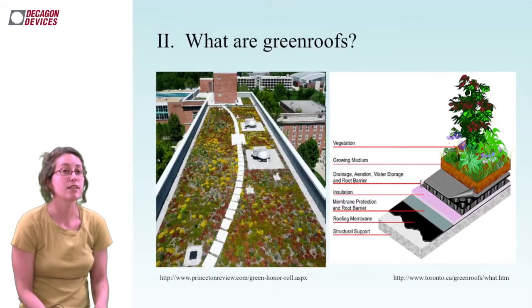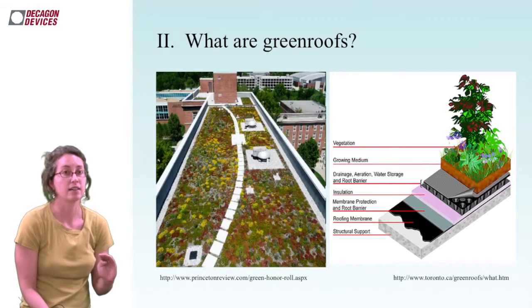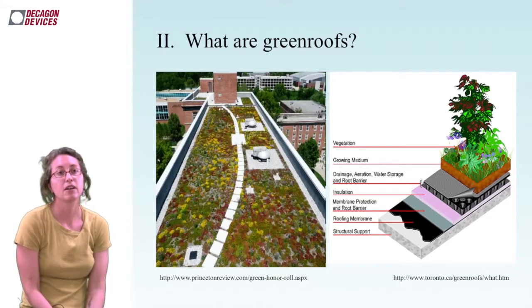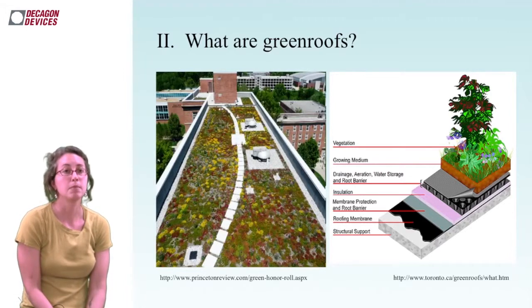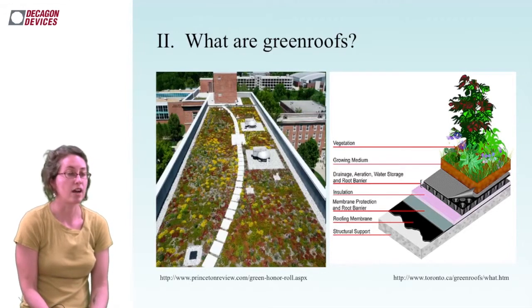Insulation is often even installed on top of that. Then you'll have a drainage layer, possibly some filter fabric, a growing medium that we like to call a substrate. It's not a regular soil that you would find in nature.